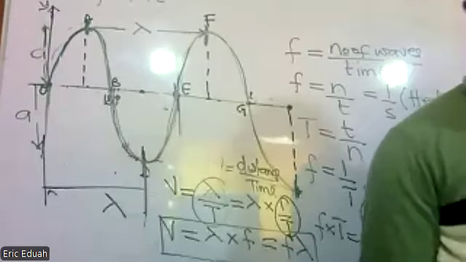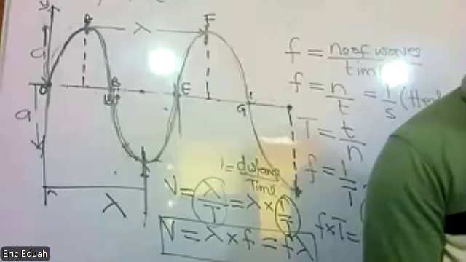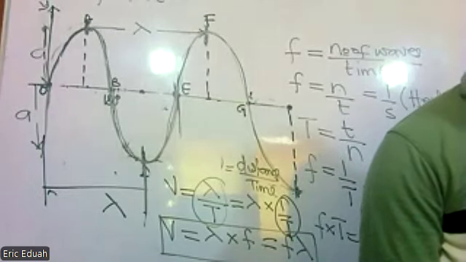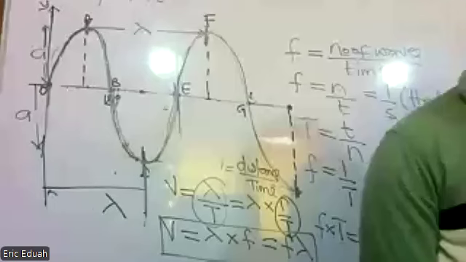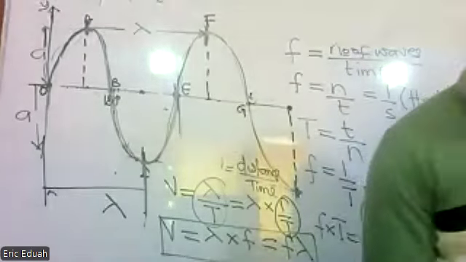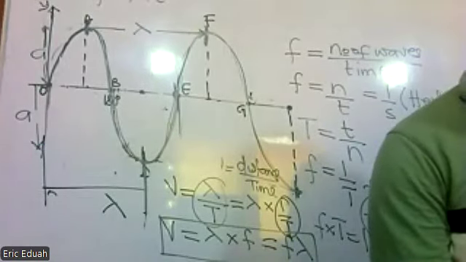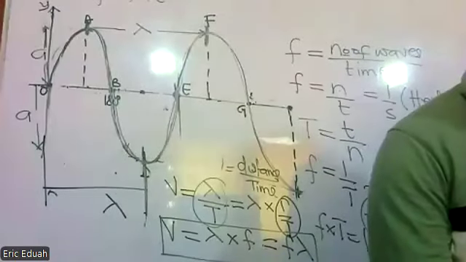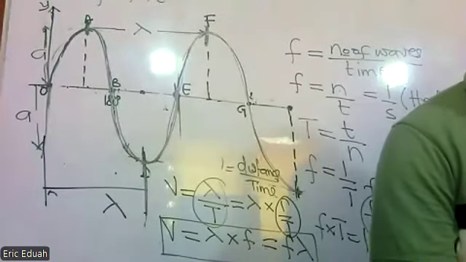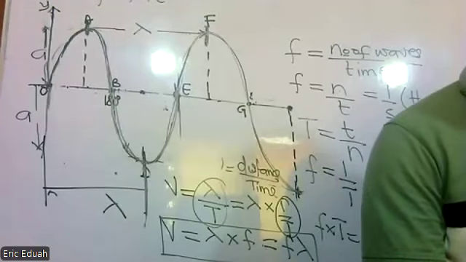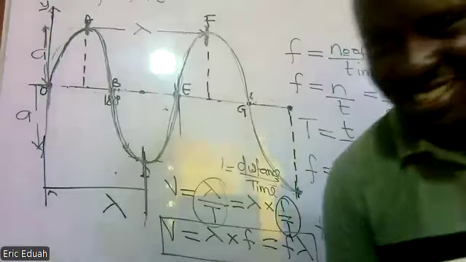Hello. So please, what's the value for the speed? It's 3.0 times 10 to the power 8 meter per second. Thank you, sir. Welcome. Please, can you repeat the question?